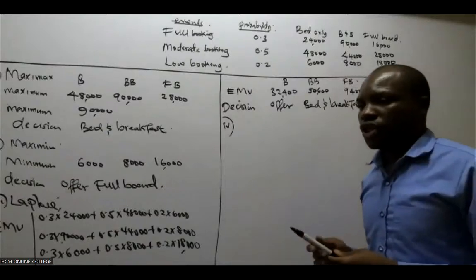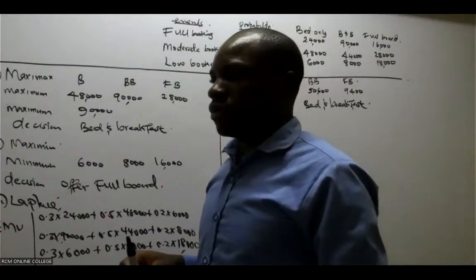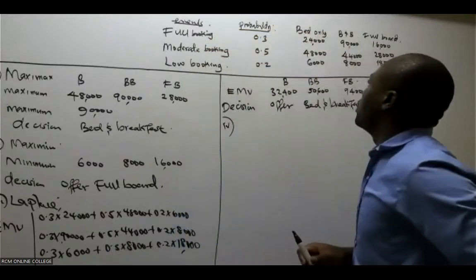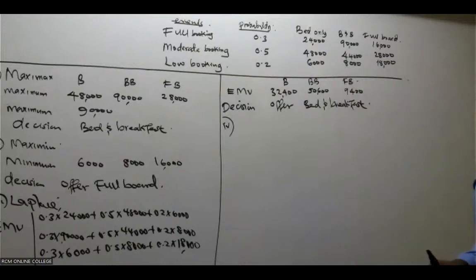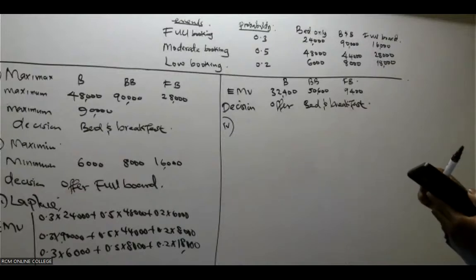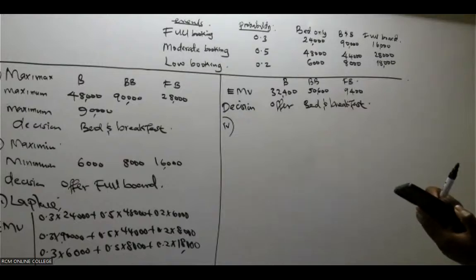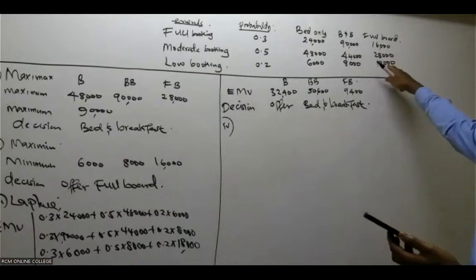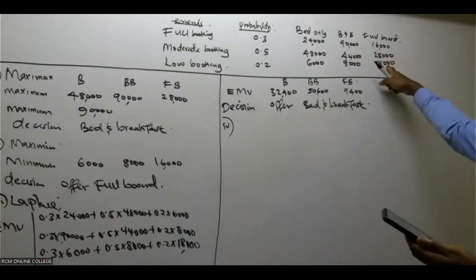Kindly check on the low booking expected values. 6,818.